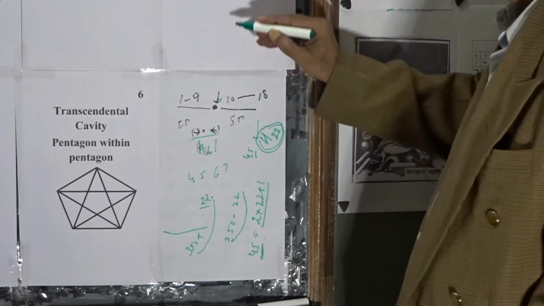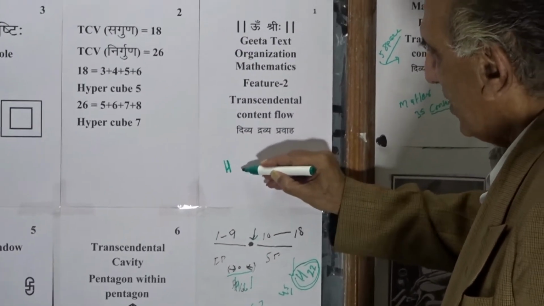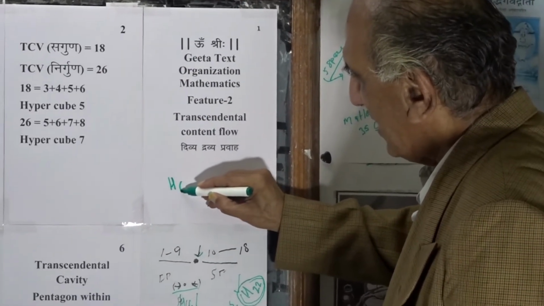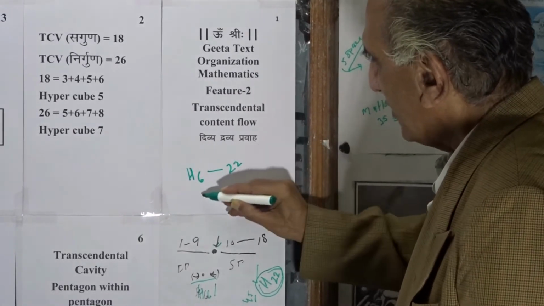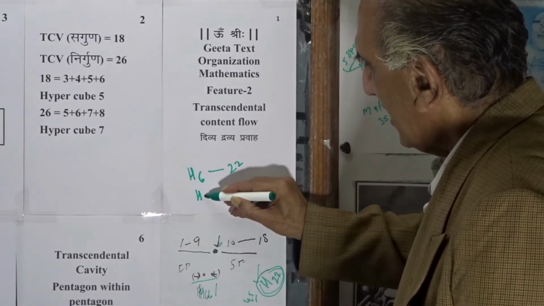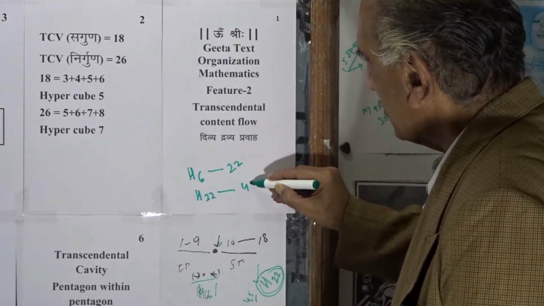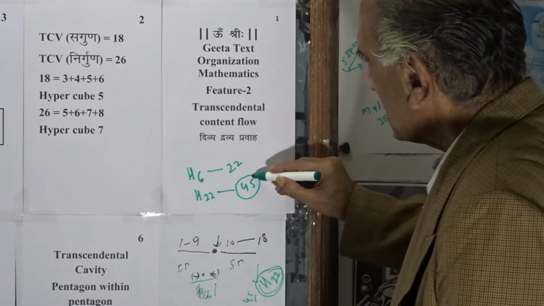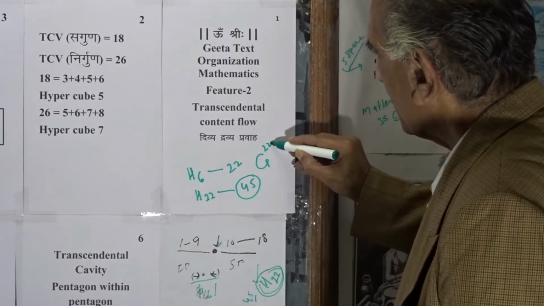As such, this pravaha, this content, has first focus upon hypercube 6 as of value 22, and then at hypercube 22 itself, which leads to value 45 as 45 versions of hypercube 22.